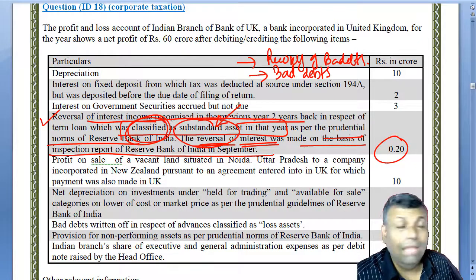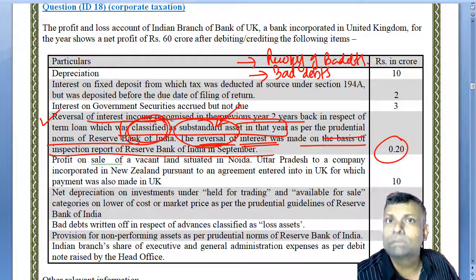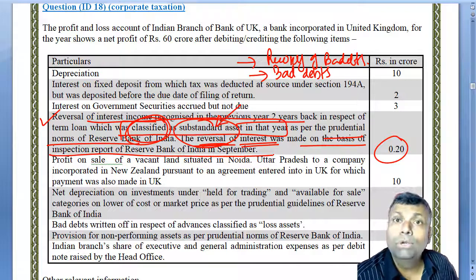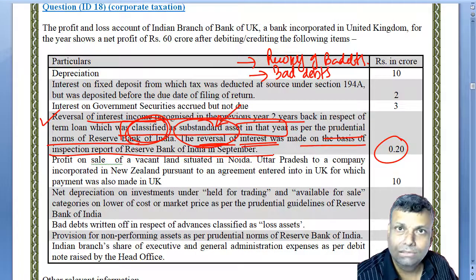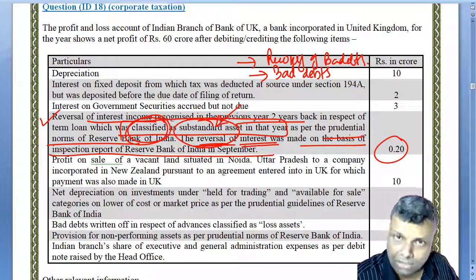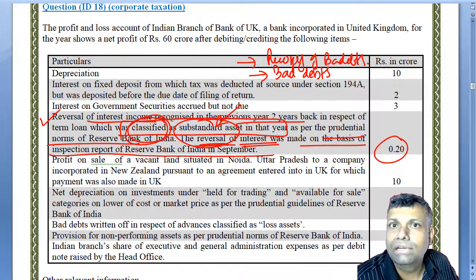So maybe now, again as per the RBI rules and regulations, it is no longer substandard. So what you do is you write back. 2 years back it was a substandard asset, so you wrote off, and this year, that means the current previous year, it is not classified as a substandard asset, and so it is written back.